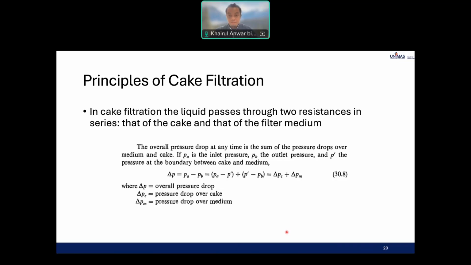Okay, so it says here delta P is the overall pressure drop, which is equal to PA minus PB.